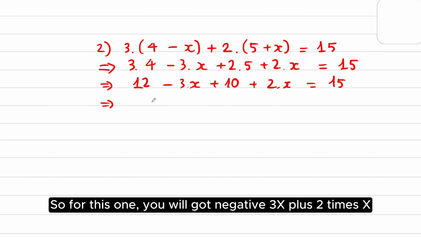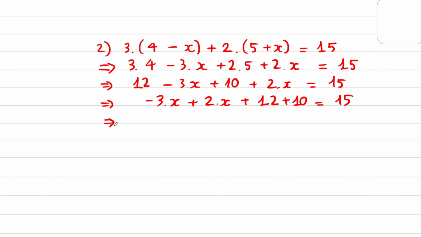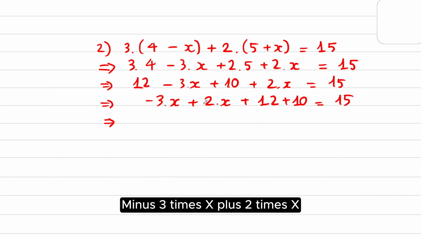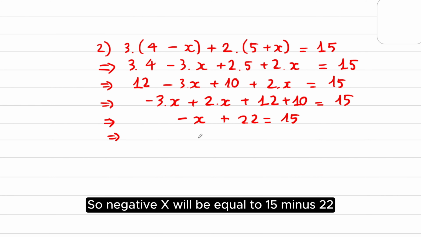Okay, so for this one, you will get negative 3x plus 2x plus 12 plus 10 equal to 15. Minus 3 times x plus 2 times x, you get minus x or minus 1 x. And then plus 22 equal to 15. So negative x will become equal to 15 minus 22.